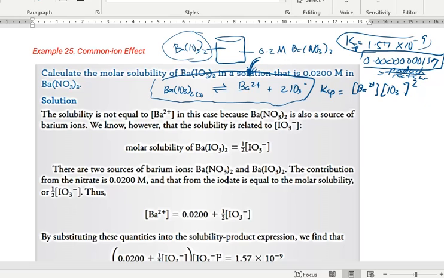So if the solubility of barium iodate is already that small, and then we add more barium from barium nitrate, which based on Le Chatelier's principle will shift the equilibrium to the left to form more reactants, its molar solubility becomes even smaller, right?